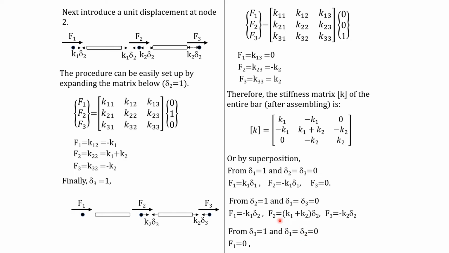F2 is negative K2 delta 3, so it is equal to negative K2, and F3 is equal to K2 delta 3. That's why when delta 3 is equal to 1, then F3 equals K2.